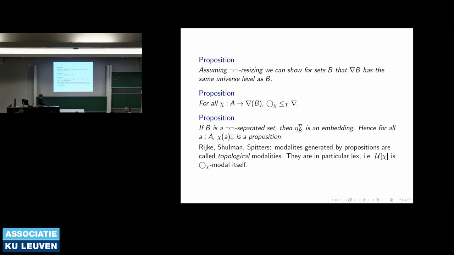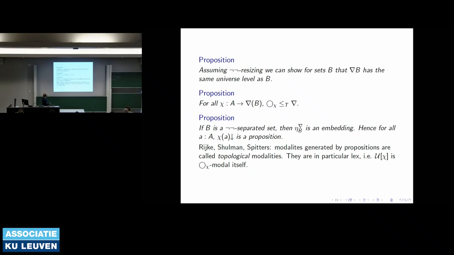Okay, and then if B is a double negation separated set, then the way I define this denotes, it doesn't have to be a proposition, but if B is a double negation separated set, then it is. So in particular, we can look at when B is the natural numbers or 2, for example. Those are the main examples.